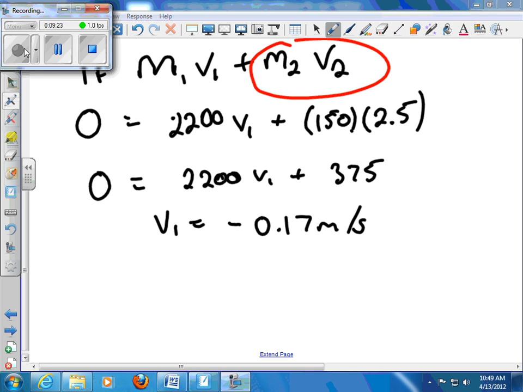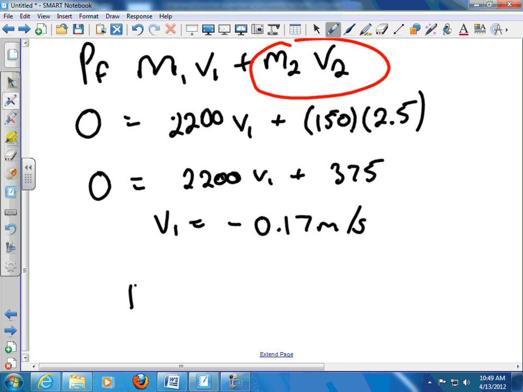So part B, force times time equals mass times velocity. Doesn't matter which mass and which velocity you choose as long as it's the same ones.